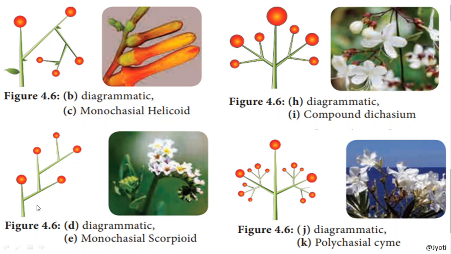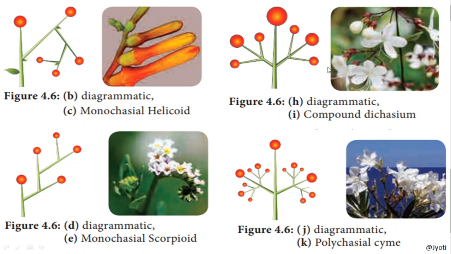So the younger flowers are developed alternately in different directions. This is called scorpioid. So this is the difference between helicoid and scorpioid monochasial or uniparous cyme. Here are the examples, real pictures of plants having these structures.